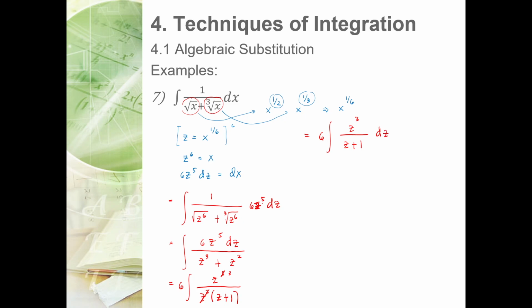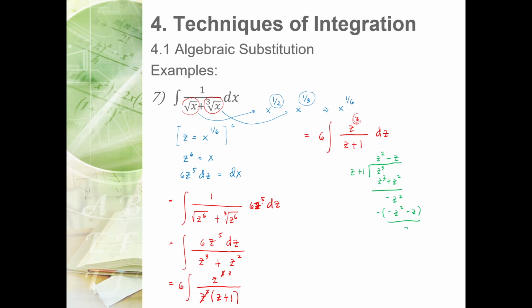Notice that the numerator is a bigger degree than the denominator, so we can use long division. So z plus 1 into z cubed. This becomes z squared, giving z cubed plus z squared, minus z squared, and then minus z, so minus z squared minus z.